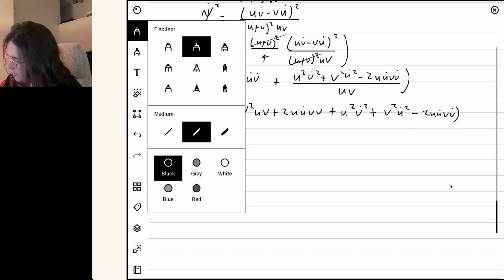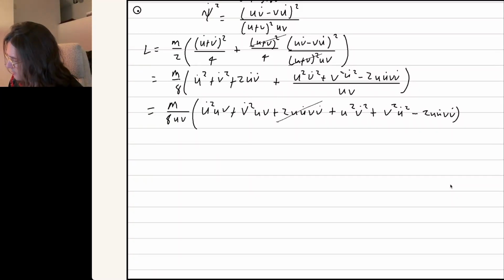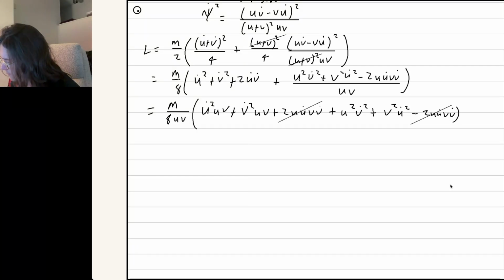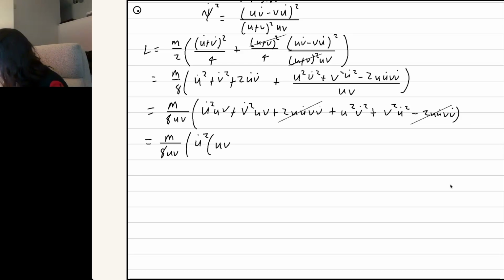Now we're looking great, because this will cancel out this. And I think that's about as simple as it gets. I'm going to collect u dot squared terms. It'll be uv plus v squared.